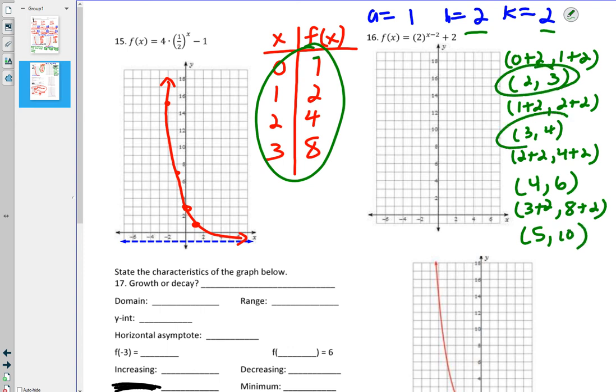These are the points I want to graph. Where's my asymptote going to be? 2, good. Now we plot points: 2 comma 3, 3 comma 4, 4 comma 6, and 5 comma 10.